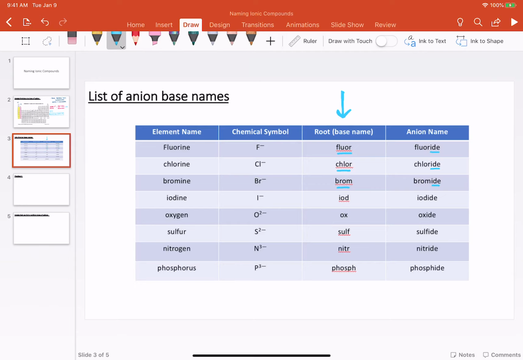It's very important that when we're working with chemicals, we know exactly what we're working with because it can be very dangerous if we think a chemical is one thing and it turns out it's really something else. So again, spelling is actually important here. For this class, I want you to memorize those roots because we are also going to use them not only for naming anions, but also later on.